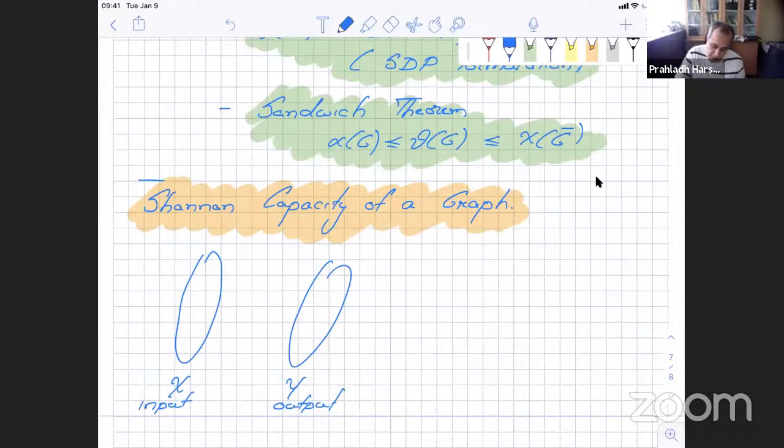For instance, let's take 0, 1, 2, 3, 4 as my input alphabet, five different letters. And the output alphabet was also 0, 1, 2, 3, 4.